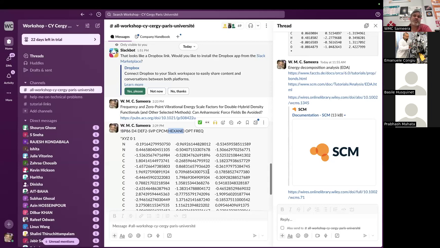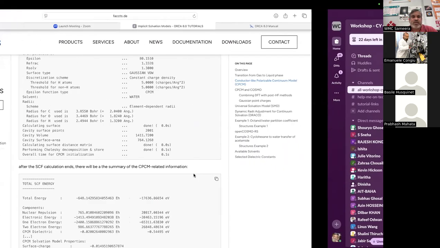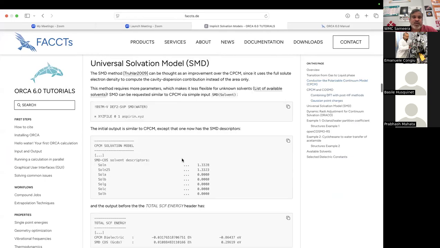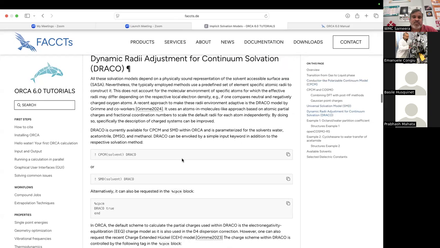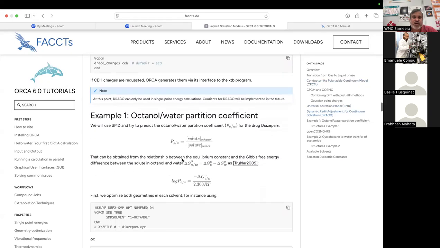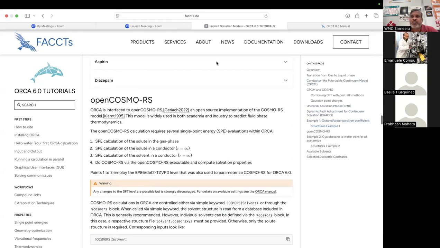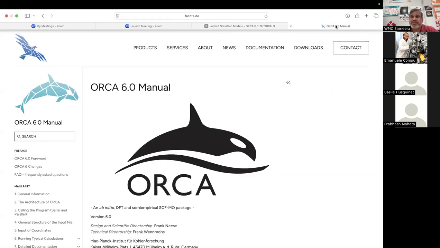That's quite important, especially if you are working with charged or polar molecules, where the solvent plays an important role, so you can always use it. Please read this in detail, and there are some examples you can try. I will not go through it, so it's for your homework.